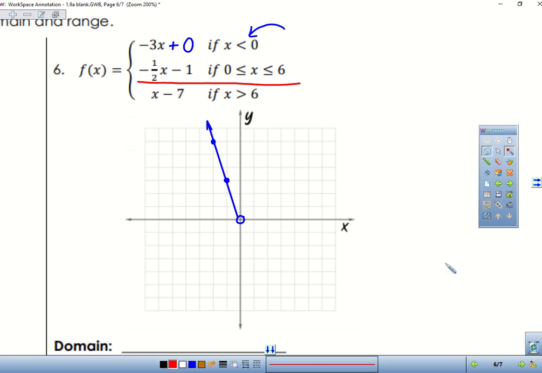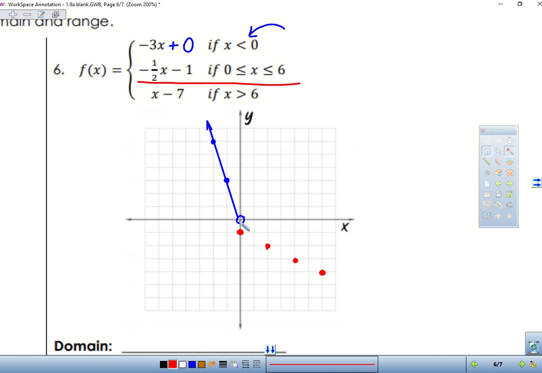So the next one is a linear function with a y-intercept of what? -1. Good. And we're going to start at -1, and it is going to be a solid dot because on the domain, x does exist at 0, right? And then we're going to go down 1 unit and then to the right 2. Down 1 unit and to the right 2. And here I'm actually going to stop.